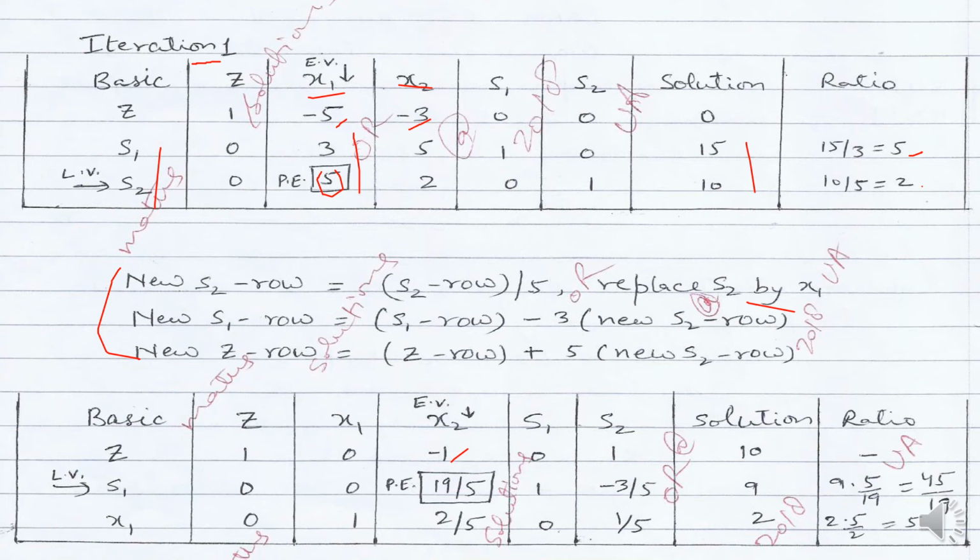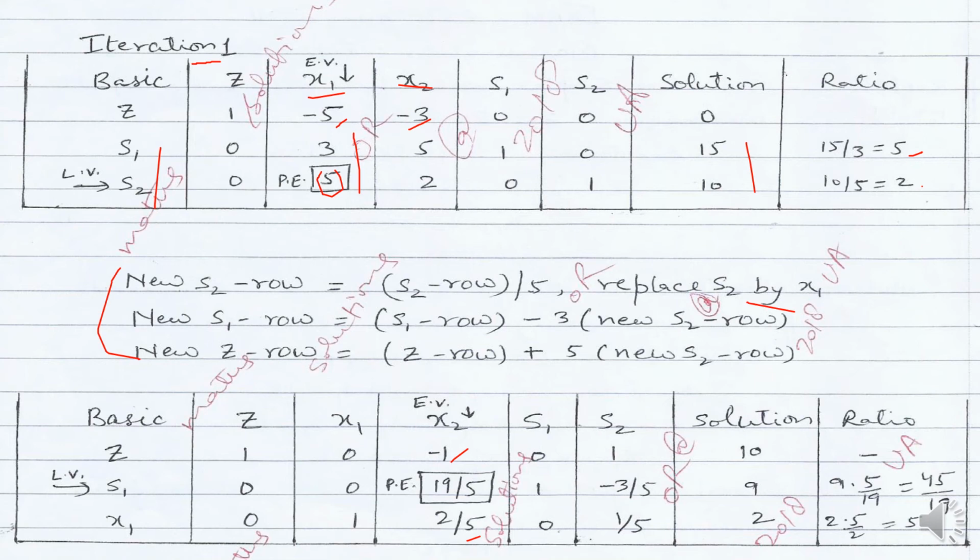New s2 row is 2 upon 5. So it means minus 3 plus 5 into 2 upon 5, which becomes minus 3 plus 2, which is equal to minus 1. Similarly, for each element we will be doing this type of calculation, and we got this one. We check the z row again, and we see minus 1 is still there, a negative element is still there. It means we have to do some further calculations.